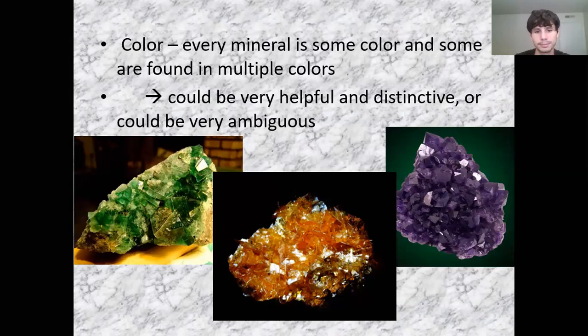And it can be ambiguous, as the slide said, but it also can be very distinctive. For example, olivine has a very distinct green color. It's like a dark, almost olive green. So color can be a way of identifying a mineral.